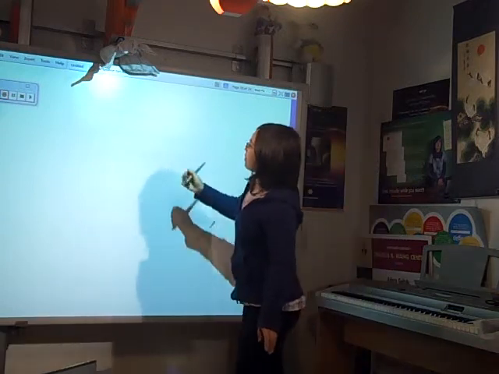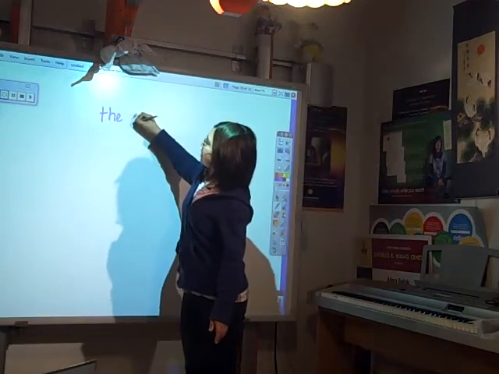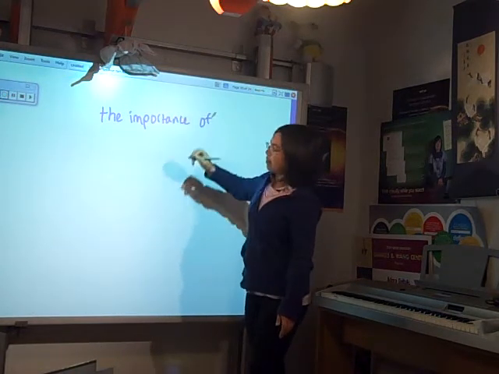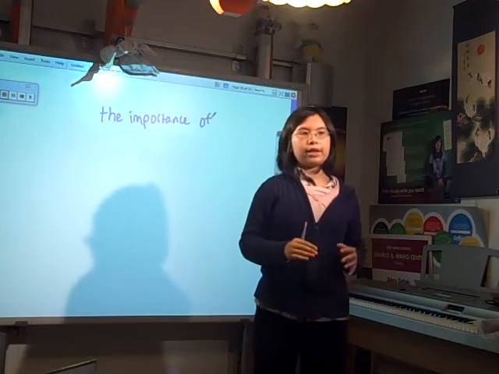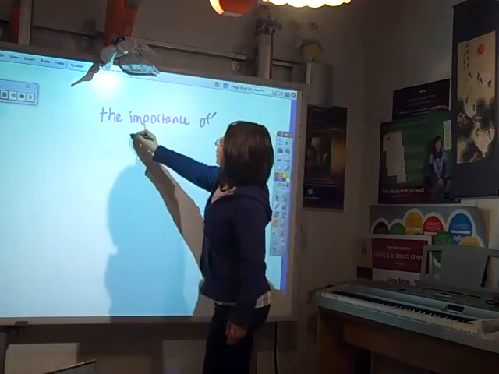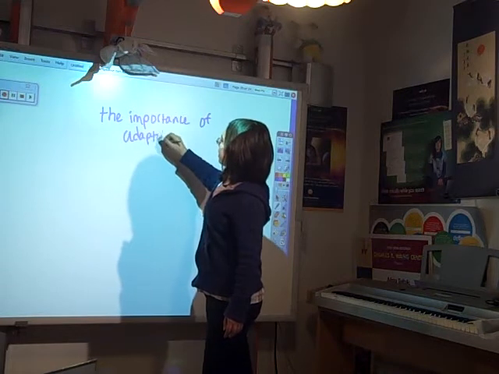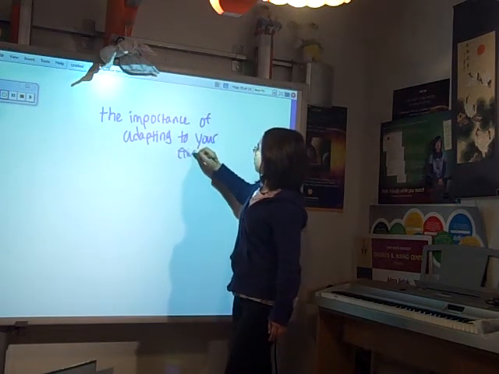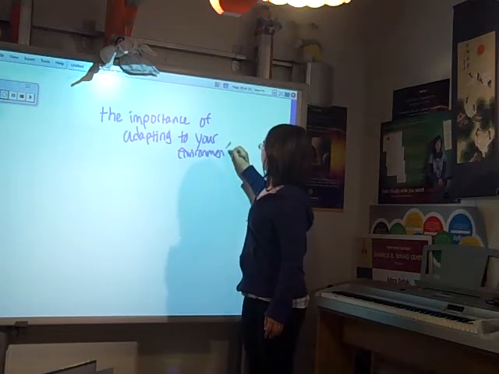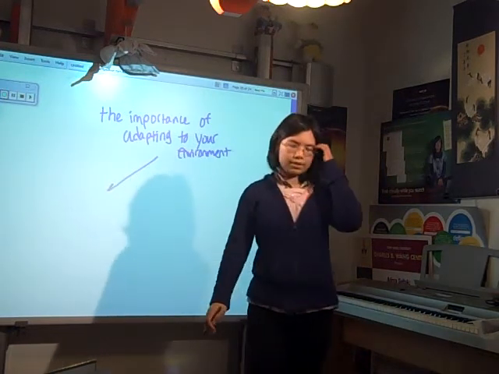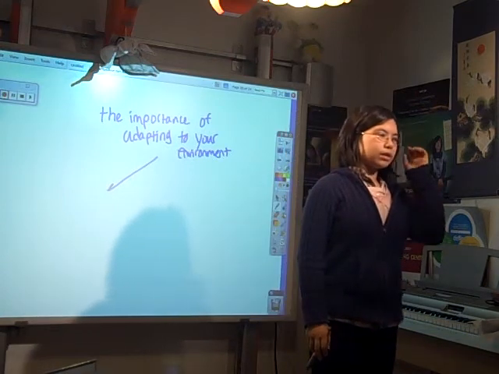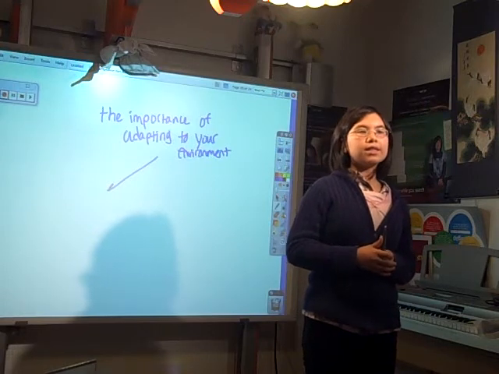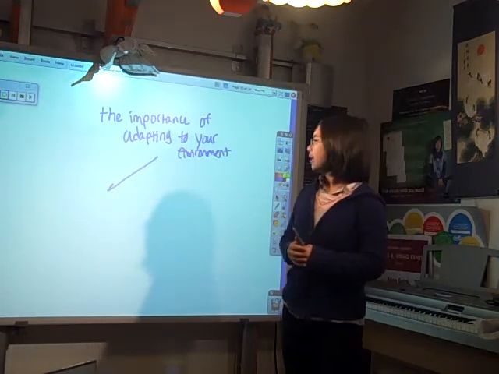So that might be a good thing. The importance of adapting to your environment. So what that means is the importance of learning how to live in an area maybe that you're not familiar with. So he has to learn to survive, right? Yeah. And so if that was kind of the theme, right? Or the importance, I guess, of being open to change, of being open to learning new things, like how to survive in some place that you've never been before.